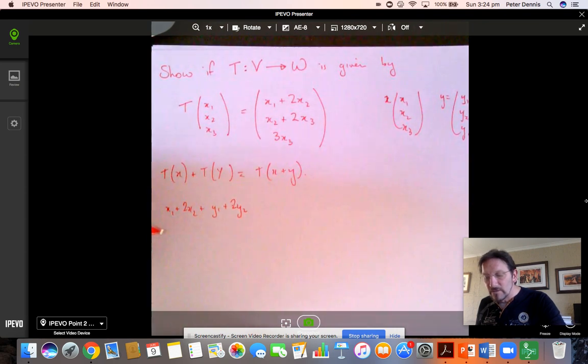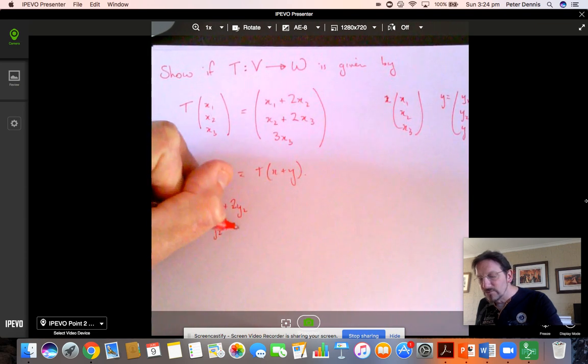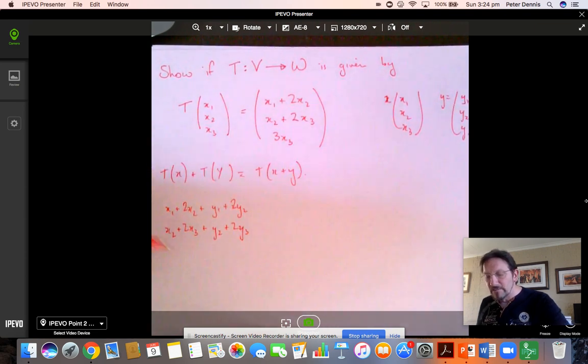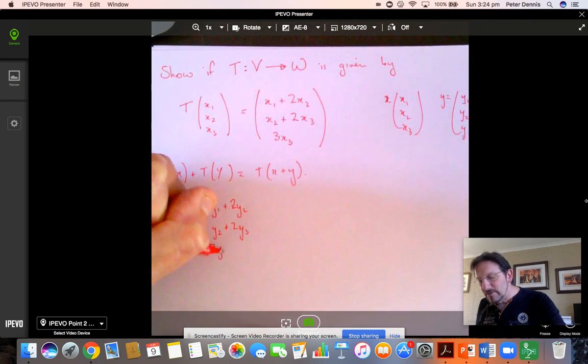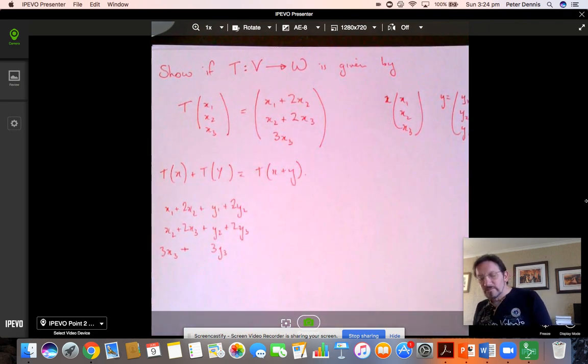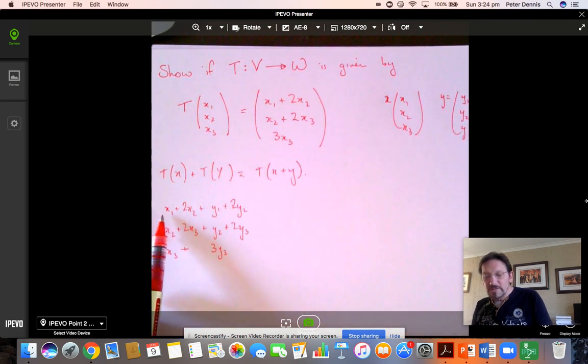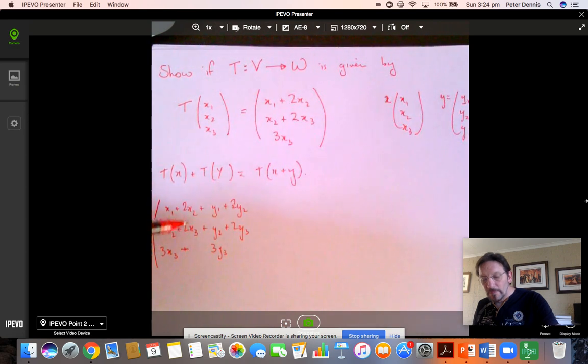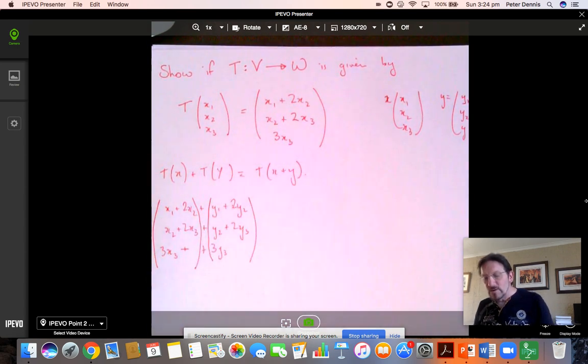The next one's going to be x2 plus 3x3 plus y2 plus 3y3. And the last is going to be x3 minus x1 plus y3 minus y1. So what we've done in this case is we've just found the transformation of x, and then we add the transformation of y.